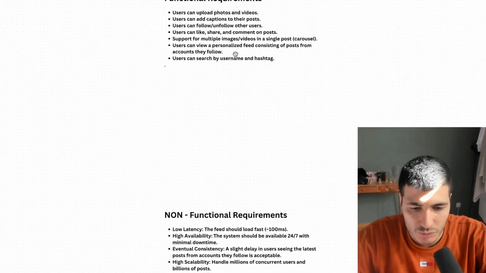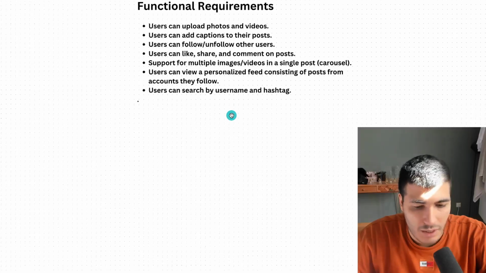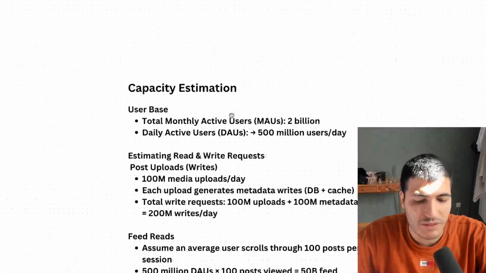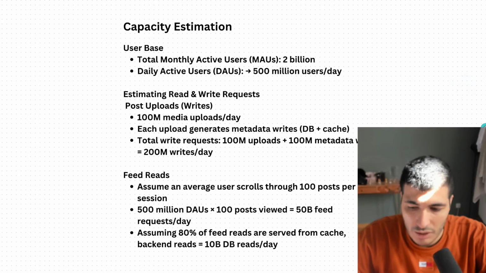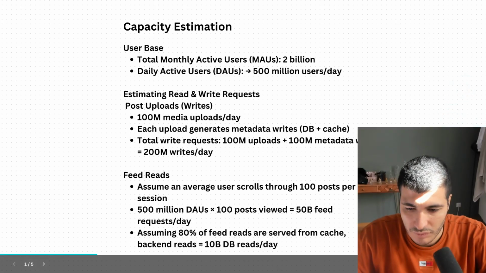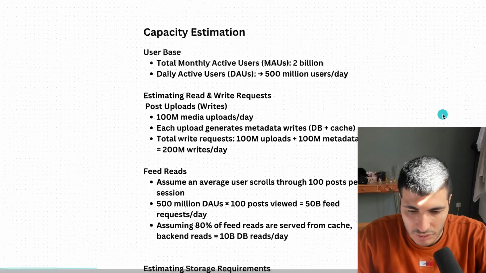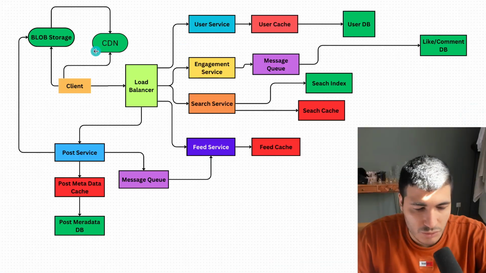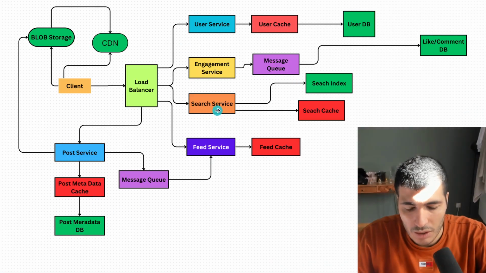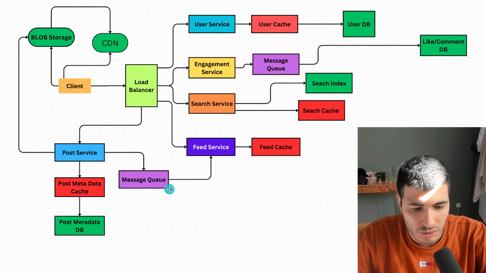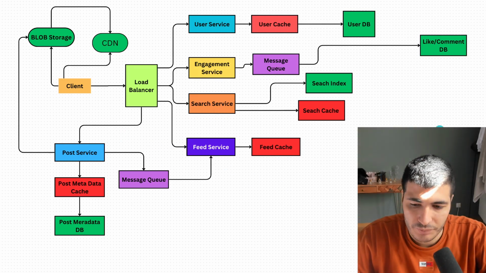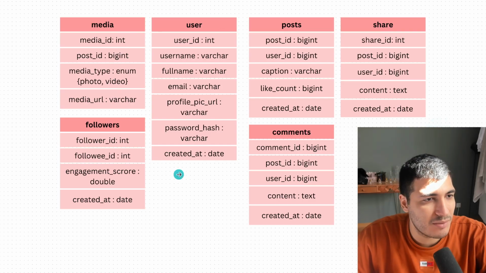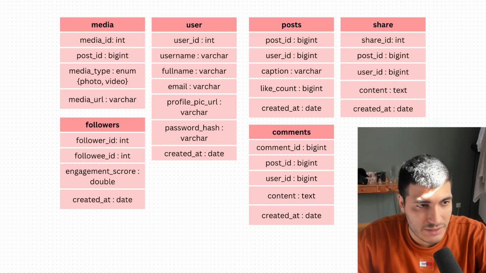In the previous videos, we did talk about the functional requirements, the non-functional requirements, and the capacity estimation. So we gathered all the information that we need. After that, we did talk about the high-level design. We did talk about each component in detail, and after that we did talk about the database schema design of Instagram.